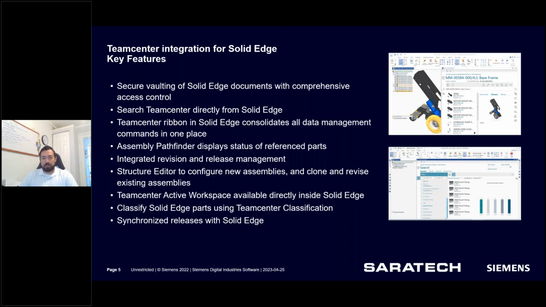Directly from Solid Edge, you can do all this. And Active Workspace is now directly inside Solid Edge. As you revise Active Workspace, which is another user interface for Teamcenter, all these new features being added to Active Workspace are now available through Solid Edge. It will also maintain that version as you're upgrading Active Workspace within Solid Edge.